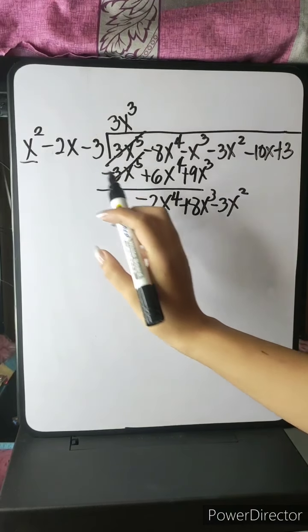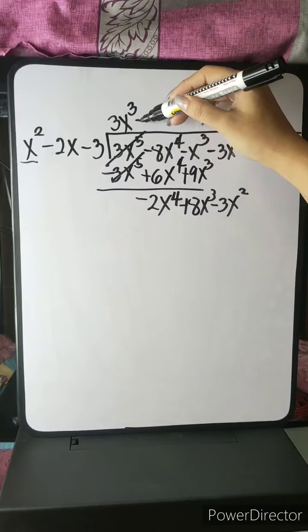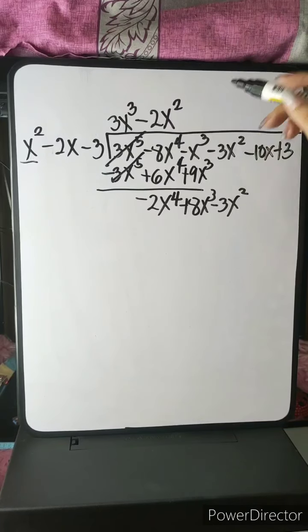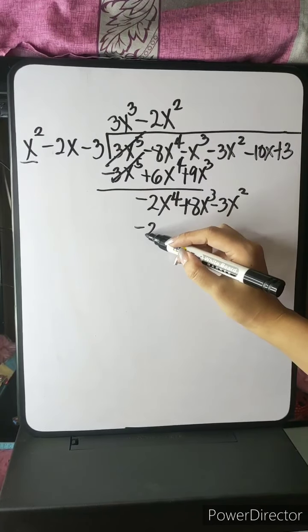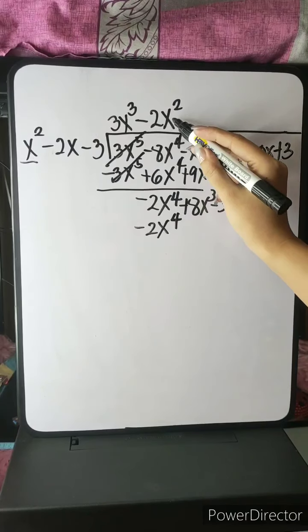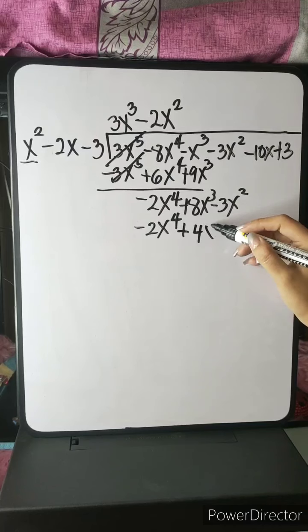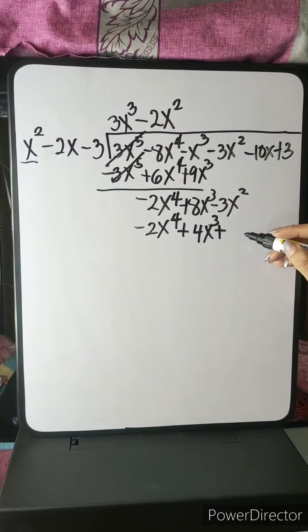And then again, divide using this. Negative 2x raised to 4 divide x squared. Negative 2x squared. And then when we multiply, it will be negative 2x raised to 4. Multiply natin dito, magiging positive 4x cubed. Multiply natin dito, magiging positive 6x squared.